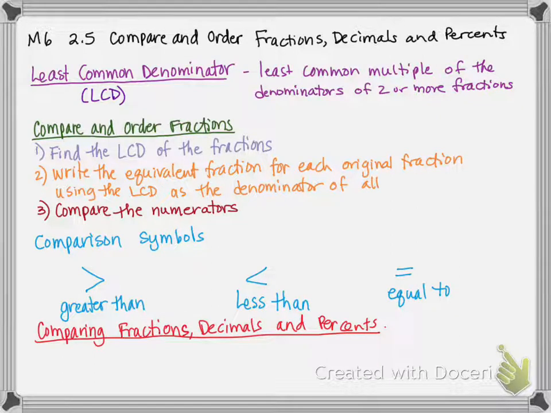I'm going to give you what I think is the best strategy to do this. Okay, now, some people will say, well, what do you have more of? Do you have more fractions? Then make them all fractions. Do you have more decimals? Make them all decimals. Do you have more percents? Make them all percents. What if you have one of each?